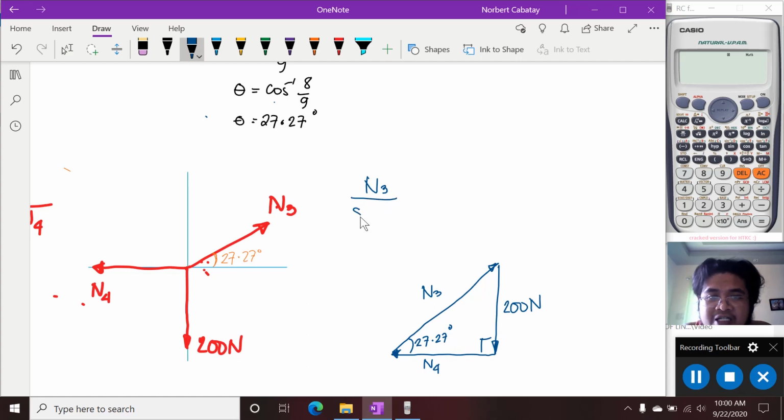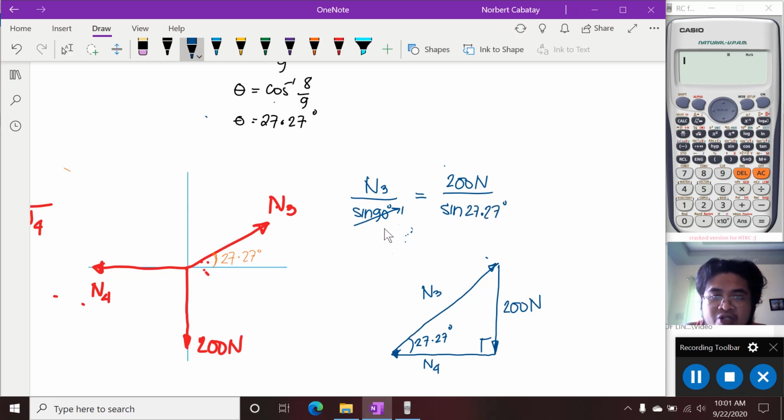Divided ko ng sine ng kanyang opposite angle. Ang opposite ng n3 ay ito, 90 degrees. So, this is actually n3 over sine 90 is equal to itong 200 gamitin na natin, 200 newtons divided by sine ng 27.27 degrees.